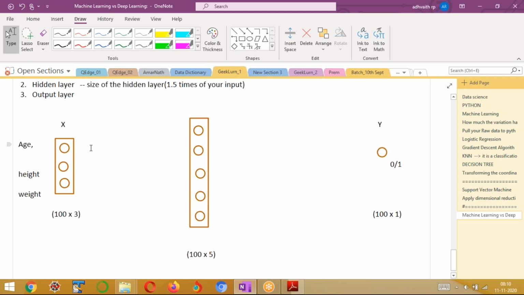Each neuron is going to connect with the respective other neurons, the way brain cells connect.